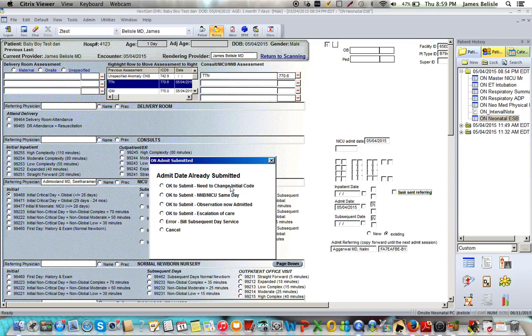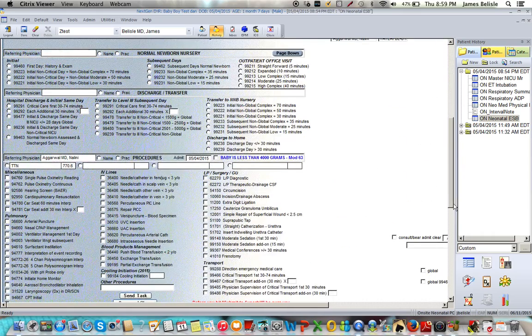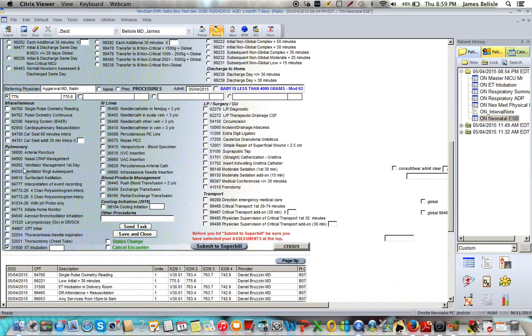I need to change the initial code. All right, so now I go down here. I have my TTN. Since I did intubate the child, it's on a ventilator, management first day, and intubation, just like that. I submit it.